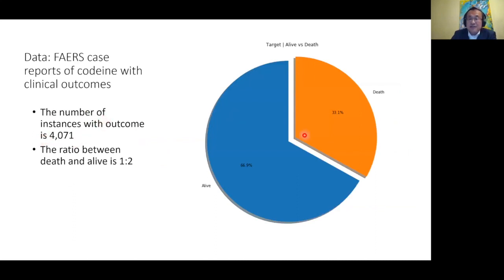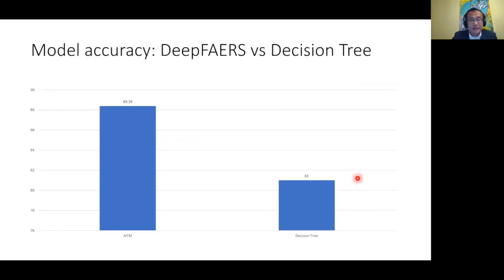One third of those cases involve the outcome death, and the other two thirds are alive, meaning not involving death. So that is about the data. First we used the deep neural network model and then the Bayesian network to predict the clinical outcome. The accuracy here is close to 90%.